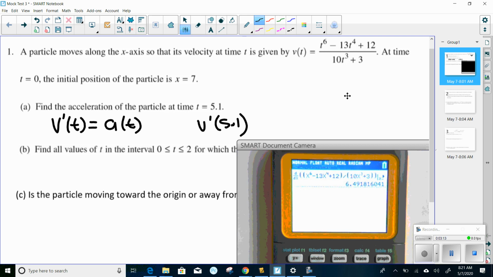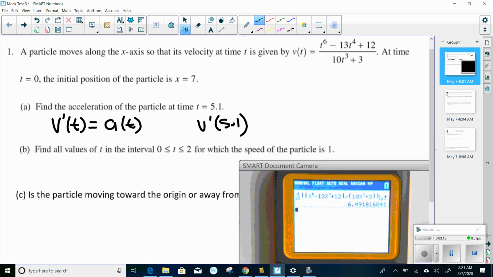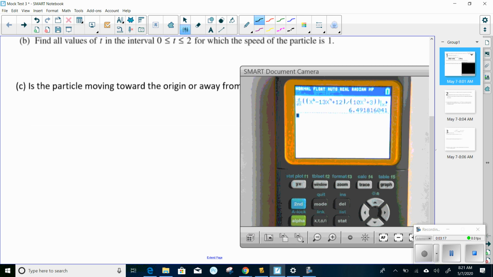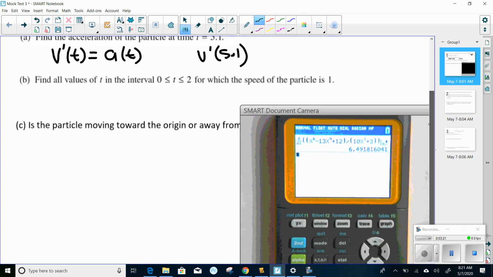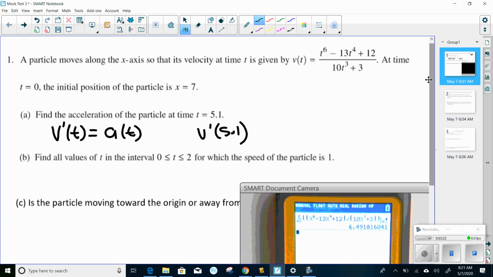Okay, part B says find all the intervals in t when the speed of the particle is equal to 1. So again, you're going to come back up here. We know that the speed is the absolute value of the velocity. And you need to show your work. So we're going to say we want to find out when the absolute value of v of t is equal to 1.